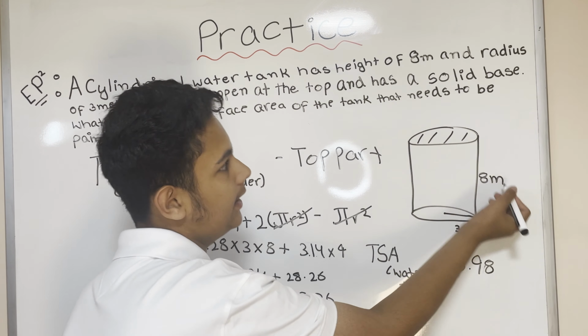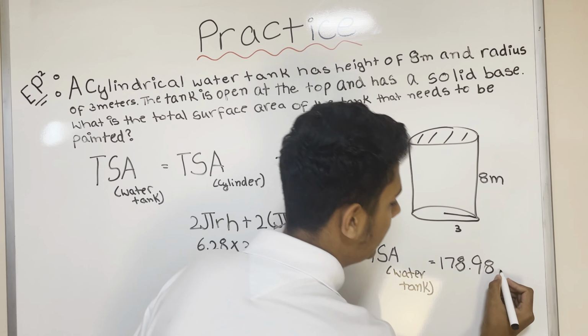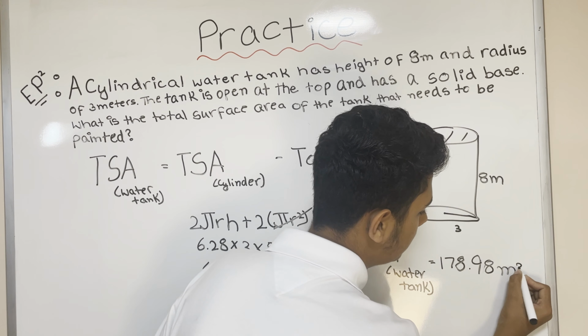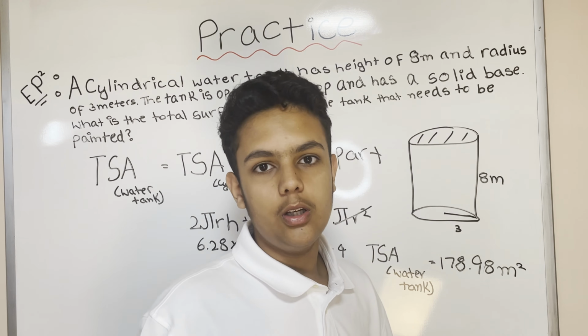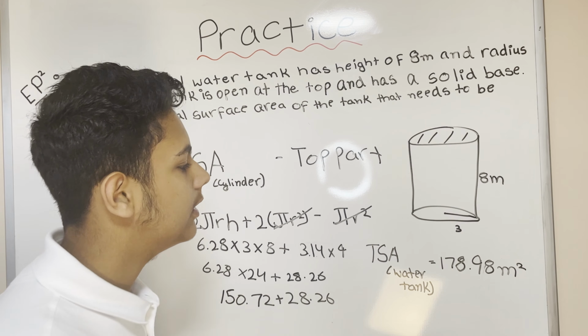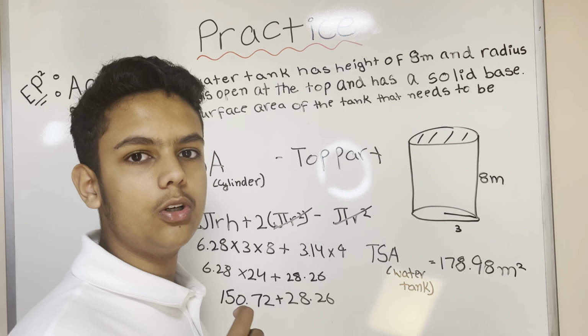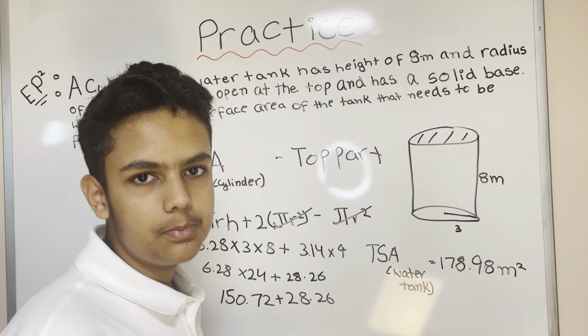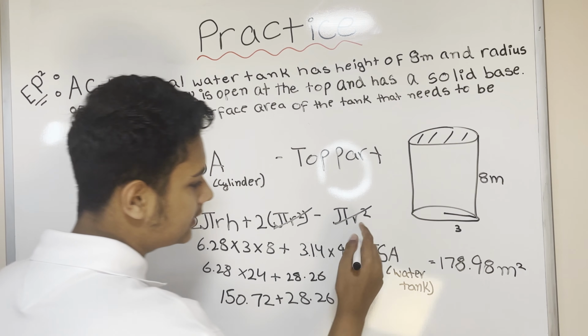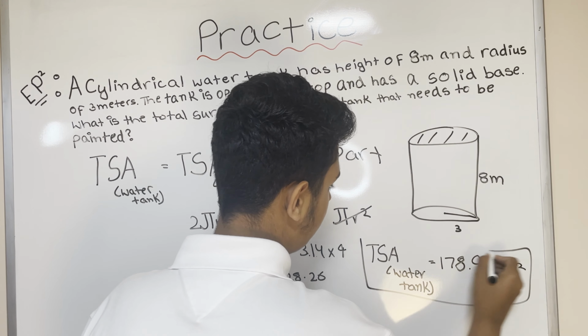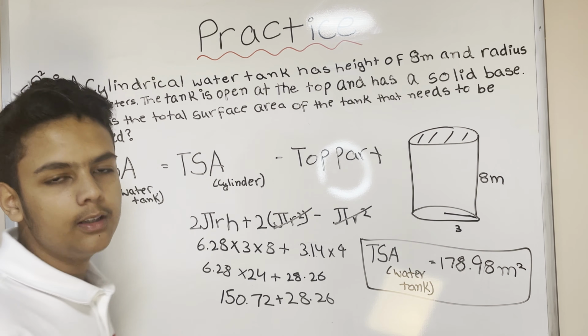And since they gave us that it's in meters, we have to write meter square. Never forget to put all the units, because units can make you get less grades in your tests, or sometimes in PATs like part A. So this is our answer for this last question of the day.